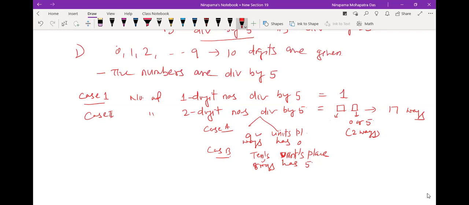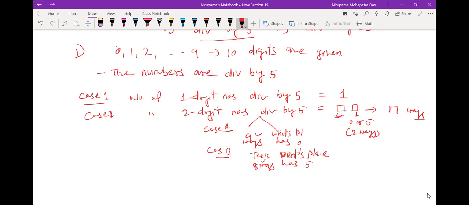If you are keeping 0 here, you don't have any problem for the second place, the 10th place. You can have any one of the 9. But if you are keeping 5 in units place, you cannot have 0 in 10th place, that is not possible. Except 0 you can have the remaining 8, so for this you will have 8 options.